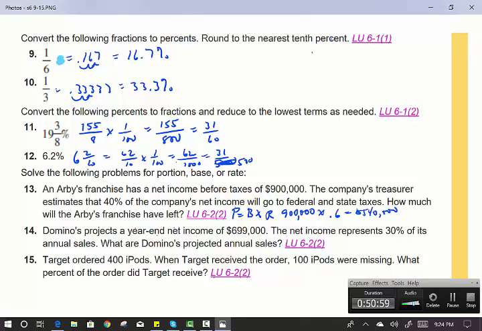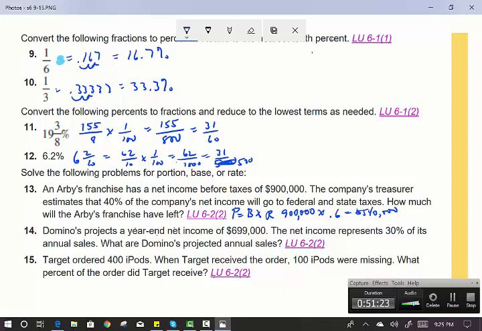That's how much the company would have left after those taxes, if they assume that 40% goes to federal and state taxes. Now I could have calculated the 40% to find out how much was taxes, and then subtracted that out from 900,000, I would have still gotten 540,000.